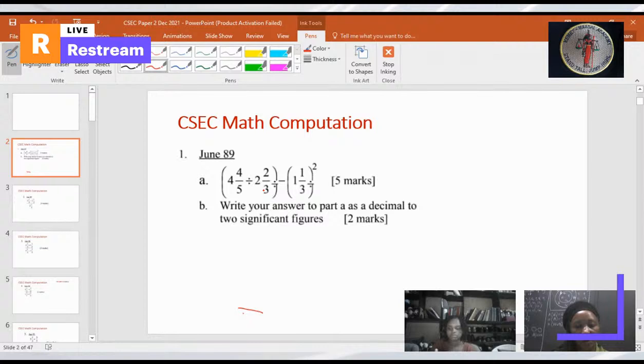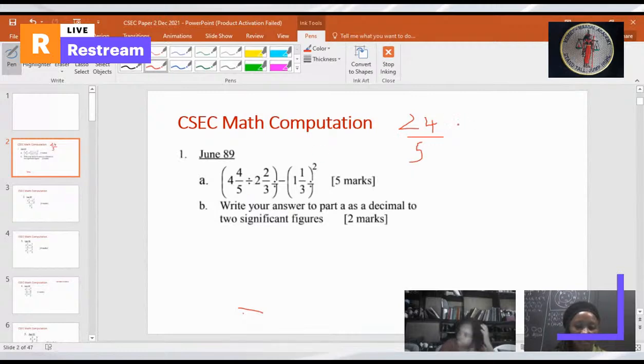So we know that we're going to change them to improper fractions. And since we're dividing fractions, we're going to change the division to multiplication and invert the second fraction. So for the first one, 5 times 4 is 20 plus 4. So that's 24 over 5.